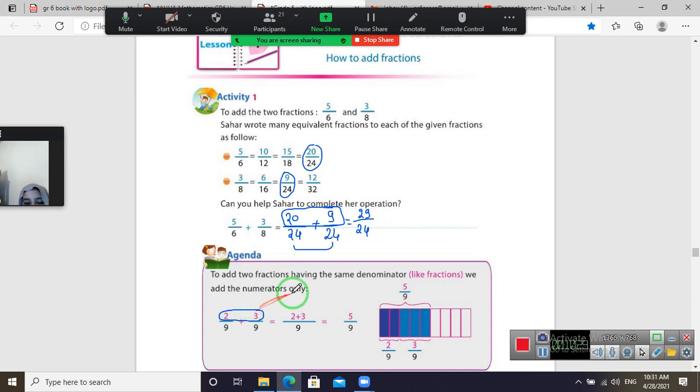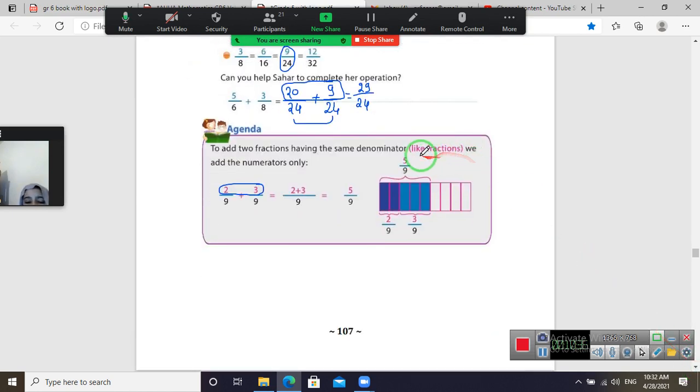When they have the same denominator we call them like fractions. If they don't have the same denominator, we say unlike fractions. If they have the same denominator, we just add the numerator. 2 plus 3 equals 5. That's it. It will be 5 over 9.